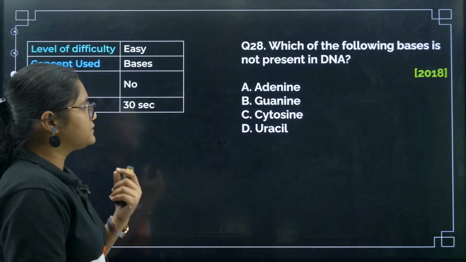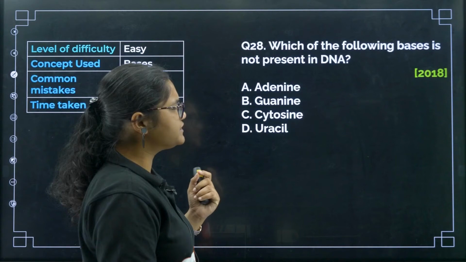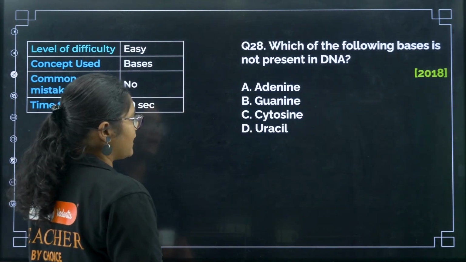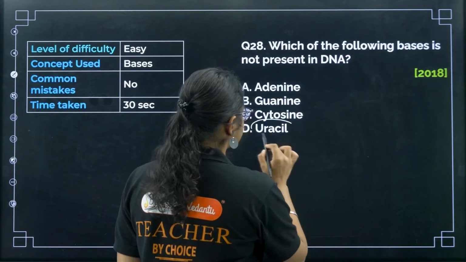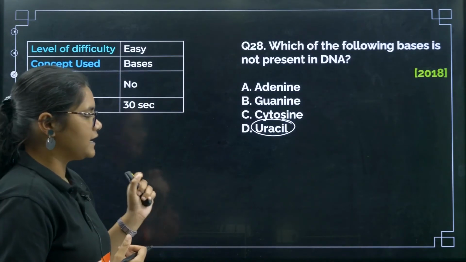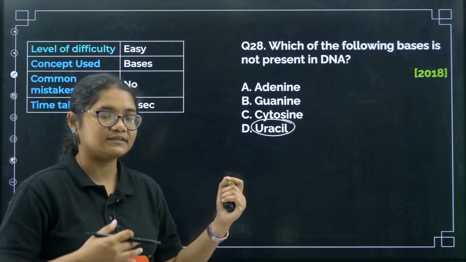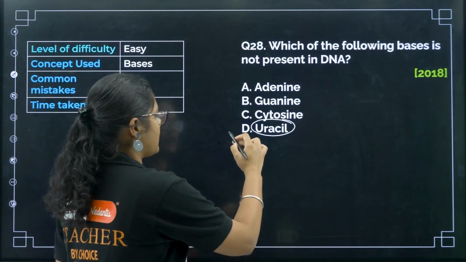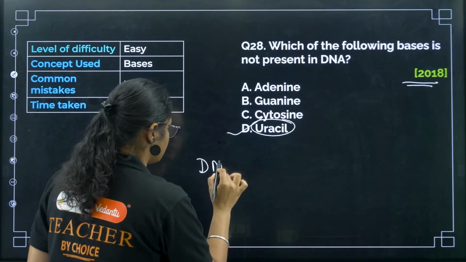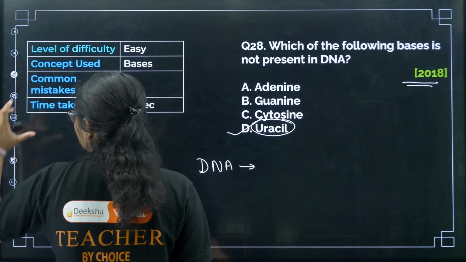Okay. Next, which of the following bases is not present in DNA? So just now we have discussed that uracil is not present in DNA. It has adenine, guanine, cytosine and thymine. Okay, uracil is present in RNA. So the correct answer will be option number D. 2018 this question was asked. So remember, in DNA what is there?